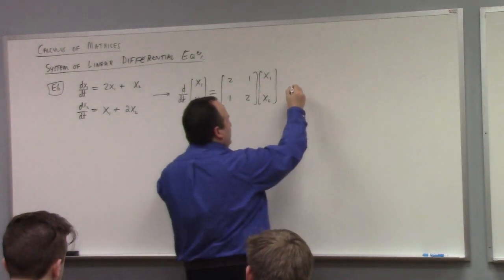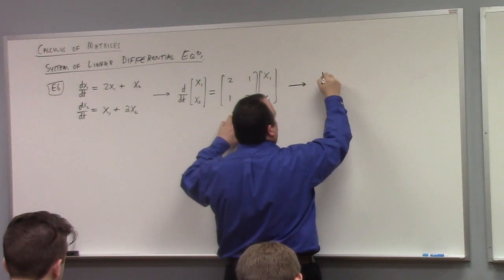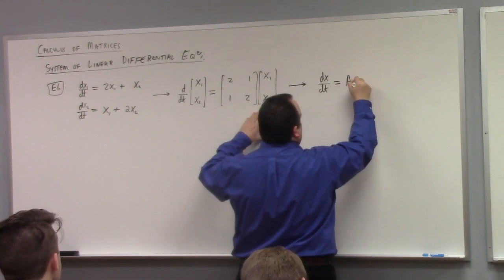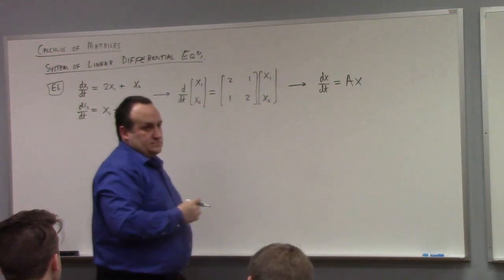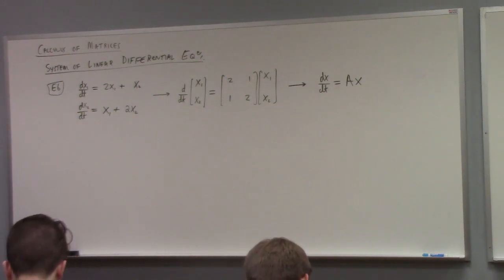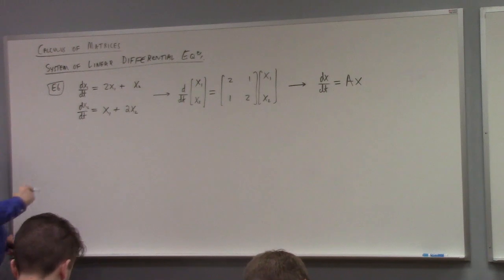In other words, a much more efficient way to look at this is dx/dt equals Ax. All right? dx/dt equals Ax. Now, example 7.